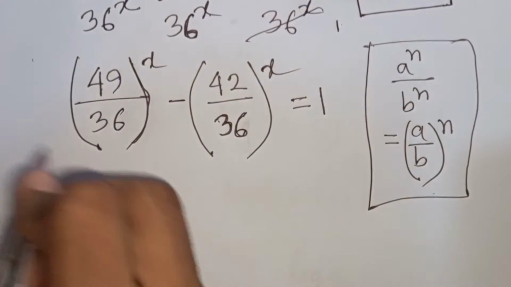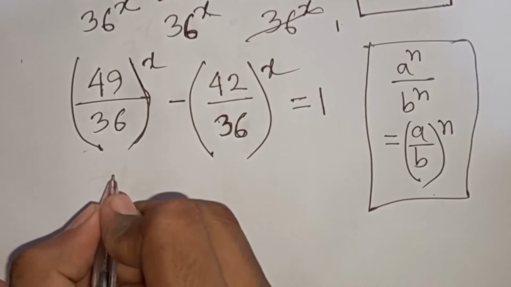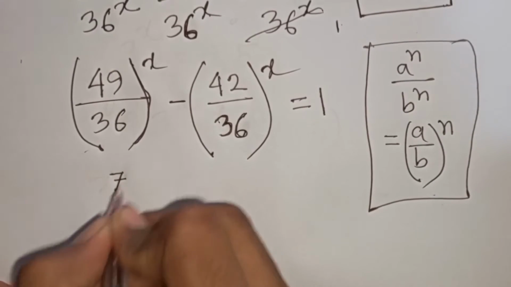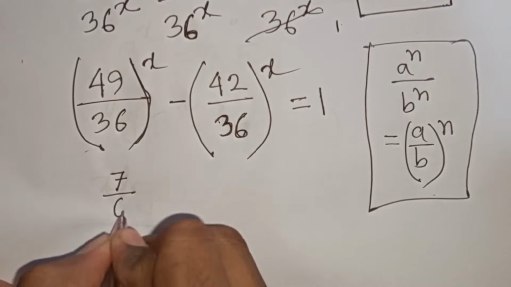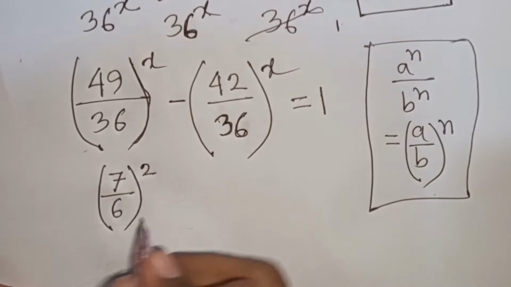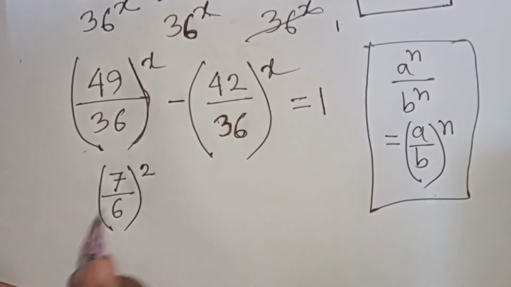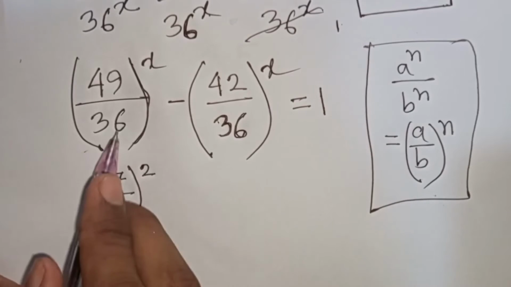Now 49 over 36 can be written as 7 over 6, then bracket power of 2, since 7 square is 49 and 6 square is 36.